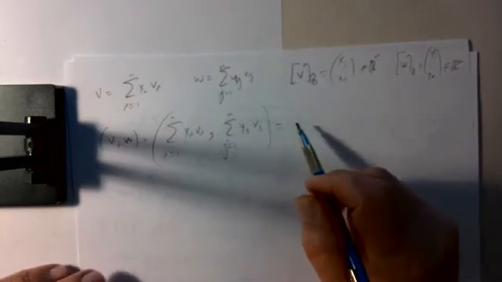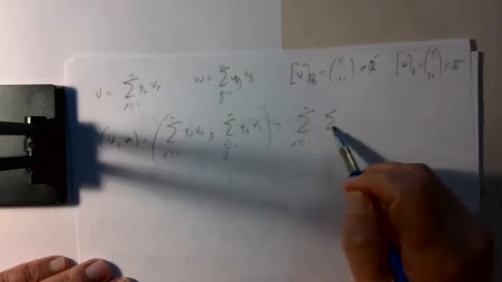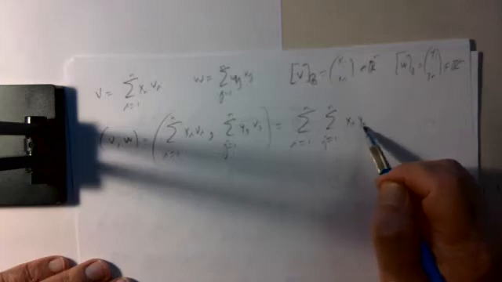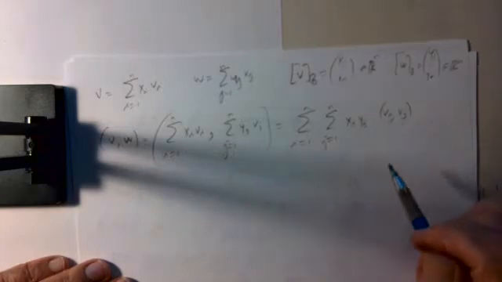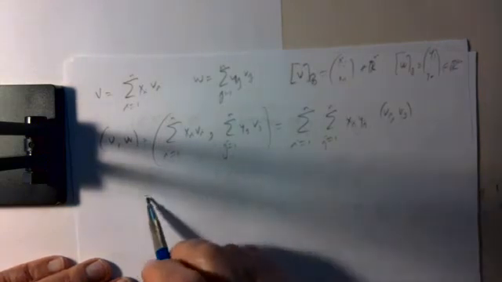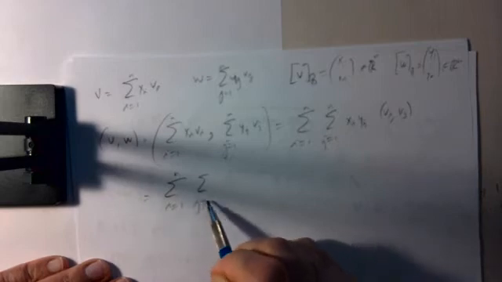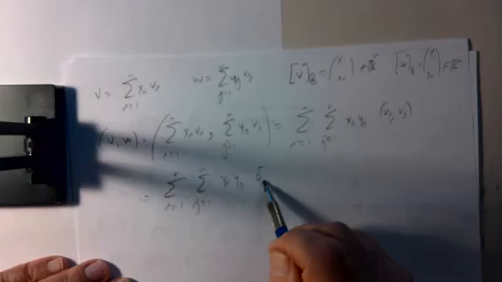And when you expand this by the bilinearity, this is the summation i from 1 to n, summation j from 1 to n, xi yj times the inner product of vi and vj. This is the summation i from 1 to n, summation j from 1 to n, xi yj delta ij.